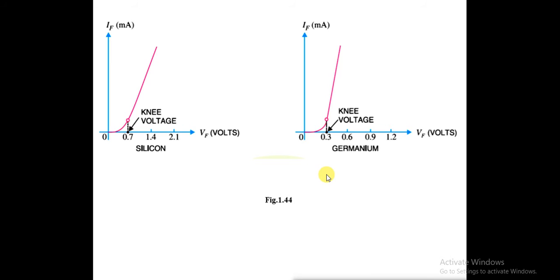The diode will act as a closed switch. It is acting as a short circuit, enough to allow the flow of current in the forward direction. And as the forward resistance is very low, the voltage drop across the diode is very small.